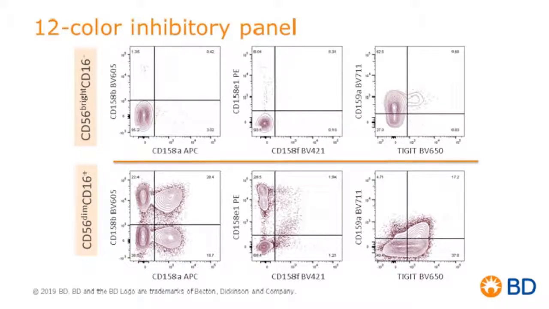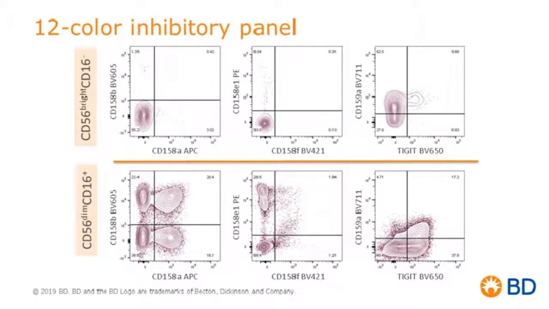On the other hand, NKG2A is more expressed in the CD56 bright as compared to the CD56 dim population. And that really tells us again that we have not only good resolution, but also biological validity, and we are observing the patterns that we expect.